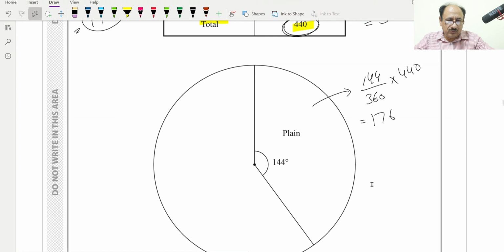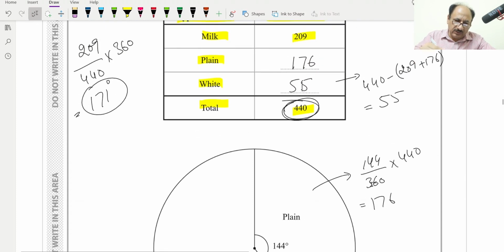Now we have to find the angle. We calculated the angle for milk. For the white one also we can calculate.